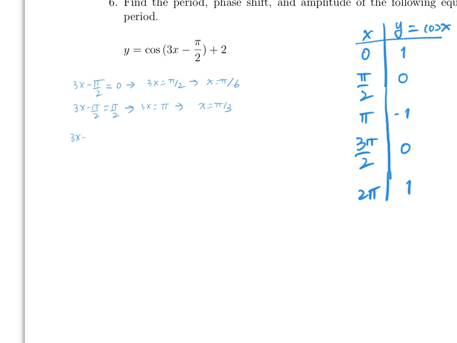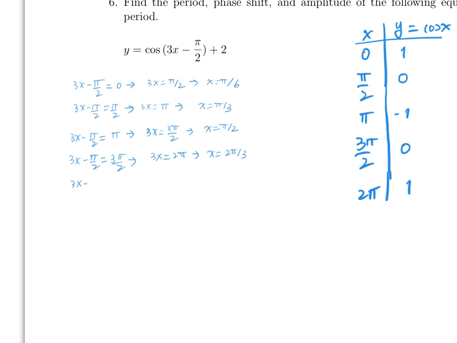And then move on to the next one. This should now equal pi. And you should check the algebra on this. You have 3x equals 3 pi over 2, which means x equals just pi over 2. Once you simplify everything, you have 2 more to go. 3x minus pi over 2 should be 3 pi over 2, which means 3x should equal 2 pi, and that means x equals 2 pi over 3.